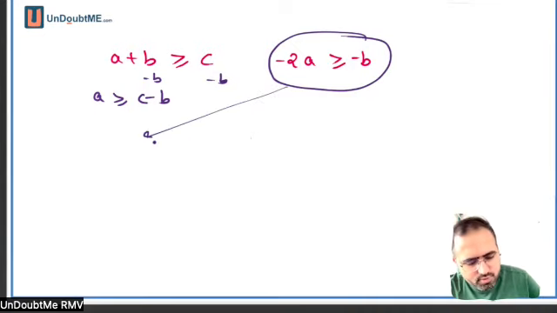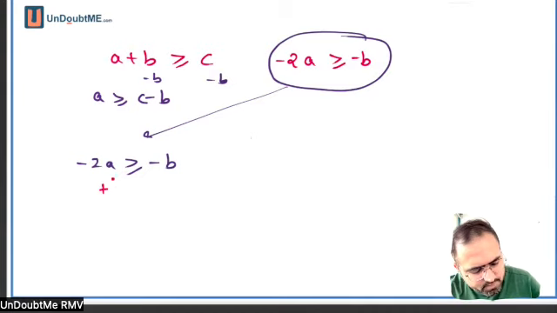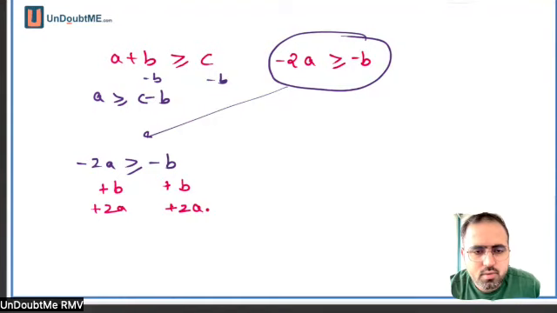The first way is we go with the same method. If it is minus 2a greater than or equal to minus b, I will just do plus b on both sides and plus 2a on both sides. What will I get from here?